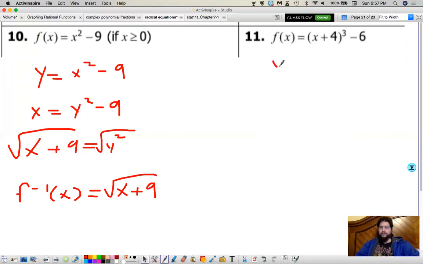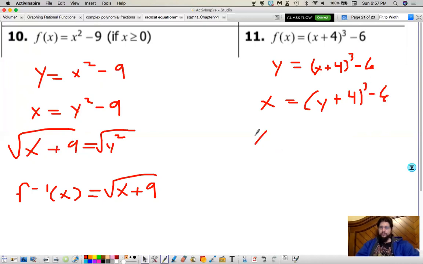Okay, here, swap, solve it. Now this is a cube root, it's an odd index, so we're not going to do plus or minus ever.